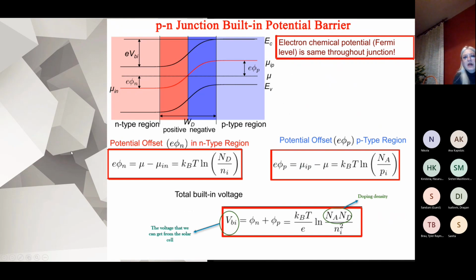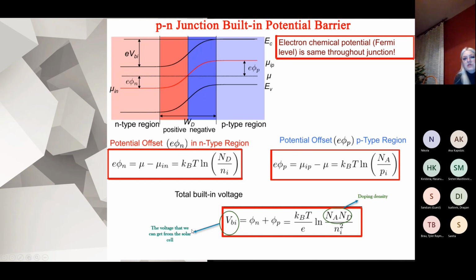Now that we have the potential offset in the n-type region and the potential offset in the p-type region, we can calculate the total built-in voltage. The total built-in voltage is the sum of the potential offsets in the n-type and p-type regions.